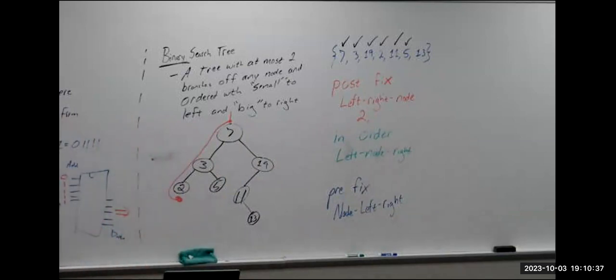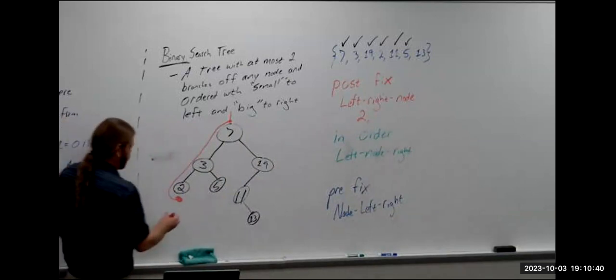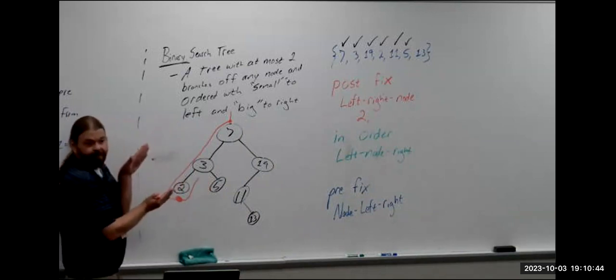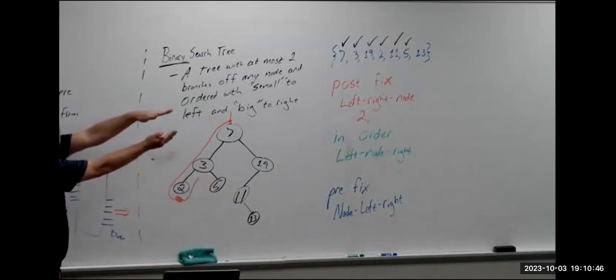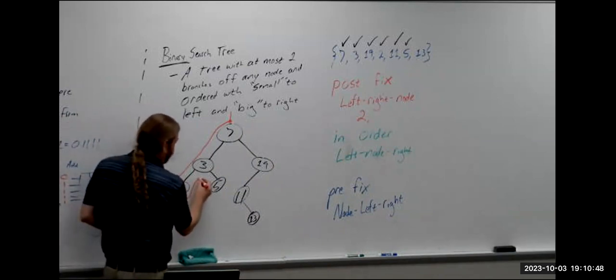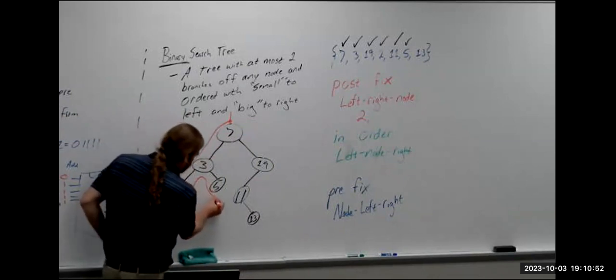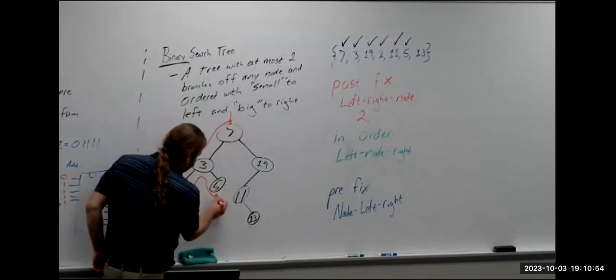Next we want to go right as far as we can. So we go back up our tree because we're on a left branch, but now we're heading rightward. There's a node, but we need to go right as far as we can. That gets us this 5.